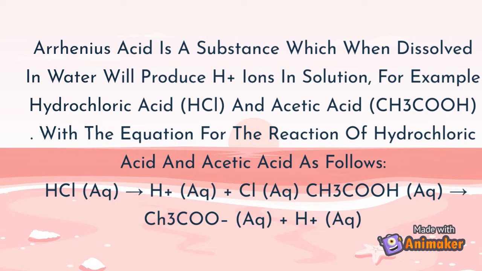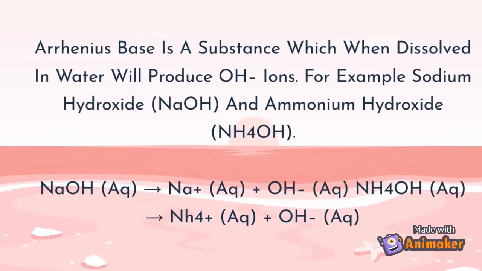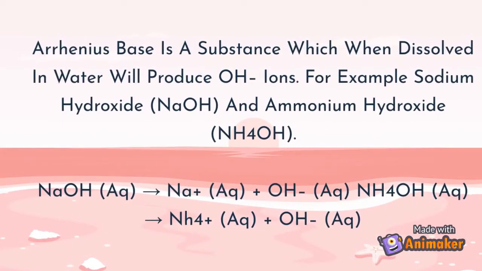Based on the equation of the reaction, the characteristic is that in a water solvent, the substance ionizes into hydrogen, which is positively charged with the symbol H+, and the negatively charged ion will be called the residual acid. In addition, an Arrhenius base is a substance which, when dissolved in water, will produce OH- ion.